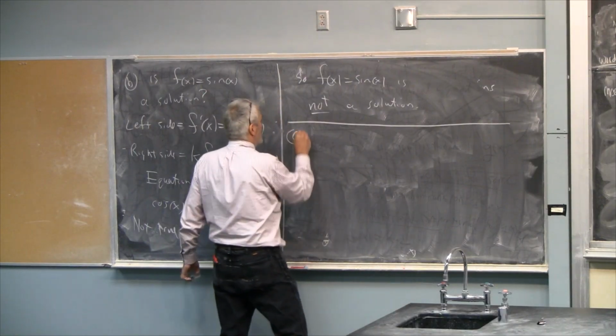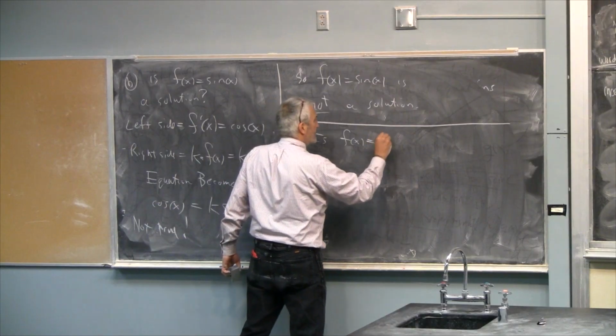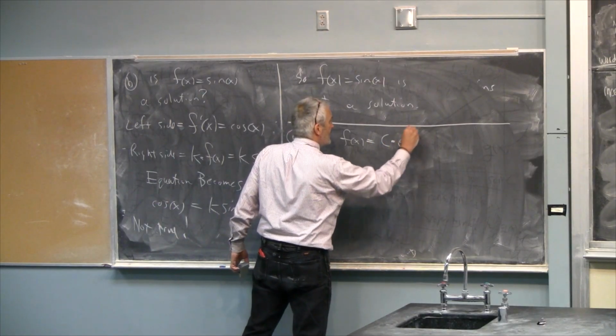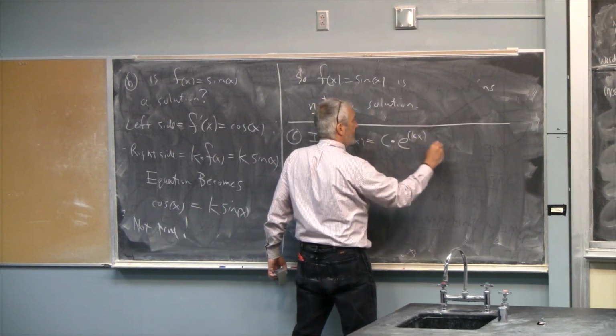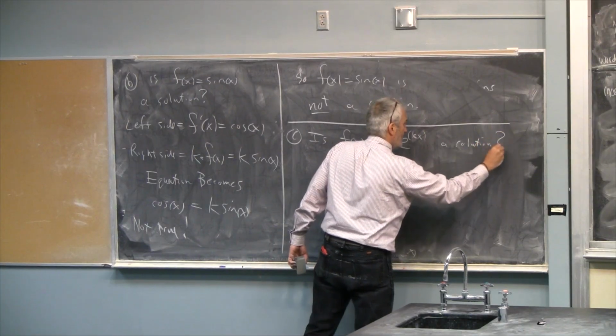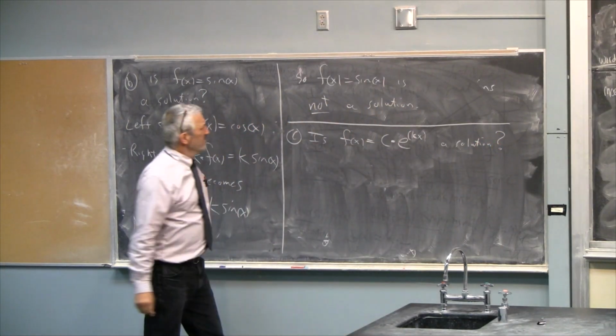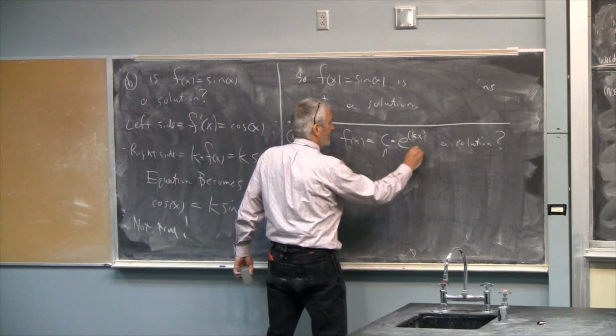So C, is f of x equals c times e to the kx a solution? So c and k are constants.